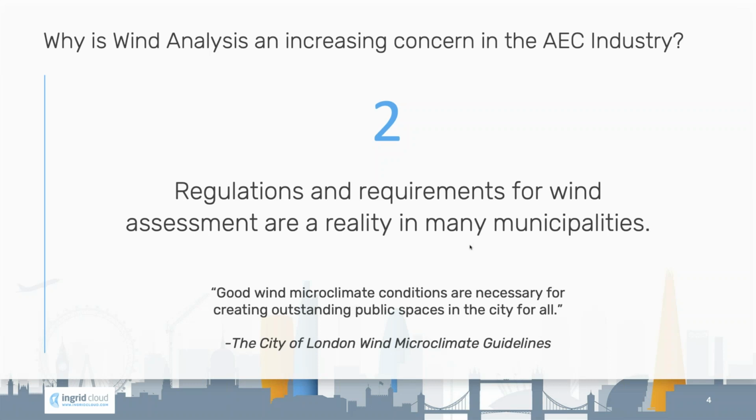The one which is known and was released last summer is the wind microclimate guidelines established by the City of London. If you want to build a new building in the core of London City, you need to follow these guidelines to get approved to be able to construct. So since this is an increasing concern, in some cities it's already a reality, and the tendency we can observe is that more and more cities will require this from the architects.